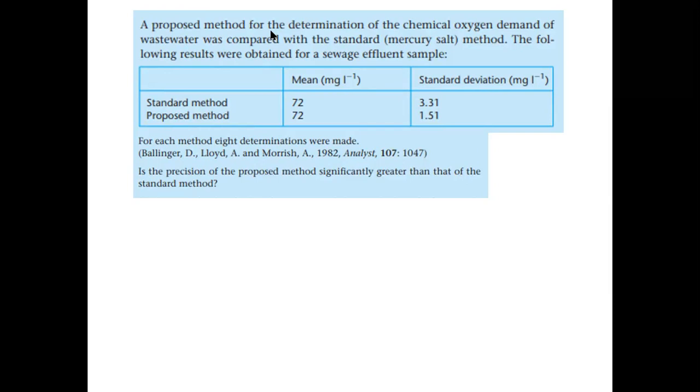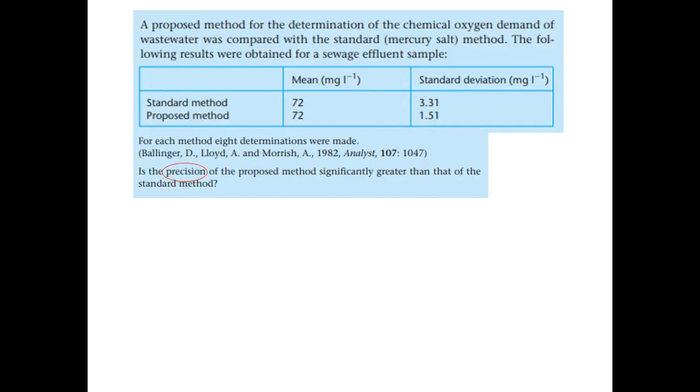Okay, that is the important thing. The question asks whether the precision is significantly greater than that of the standard method, because you can see the standard deviation of the standard method is high, but the proposed method is relatively lower compared to the standard method.